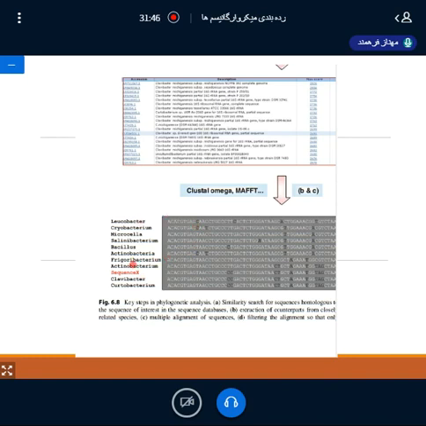So here you can see many genera that are near to our genus with respect to their sequences. Okay, and you can see the closely related species here and multiple alignment of sequences. And for the next step, D, filtering the alignment, you can see here.